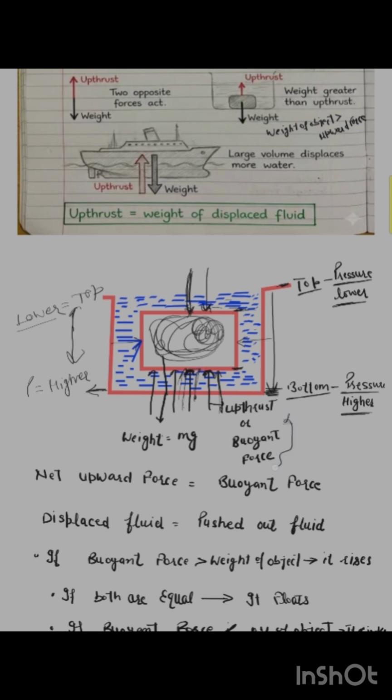What does it called as? Buoyant force. This net upward force is called as buoyant force. Because of this force, an object sinks, floats, or is submerged into the water.